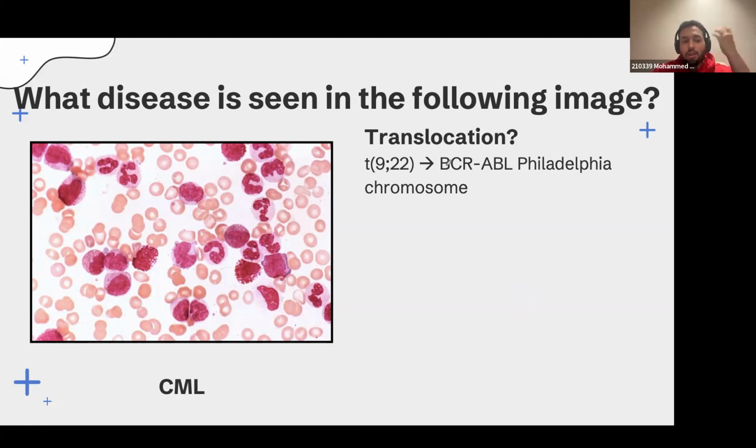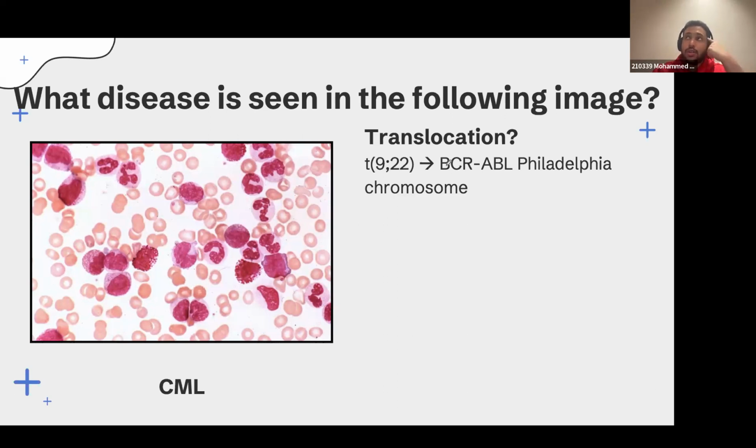So it will cause the cell to overproliferate. Now, because it's a tyrosine kinase, how do you treat this disease? Tyrosine kinase inhibitor. Tell me the drug name. Imatinib. Good. Remember imatinib really, really well. This is very important.